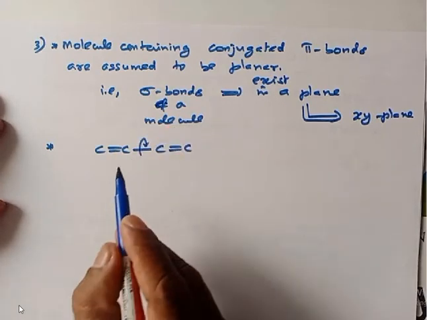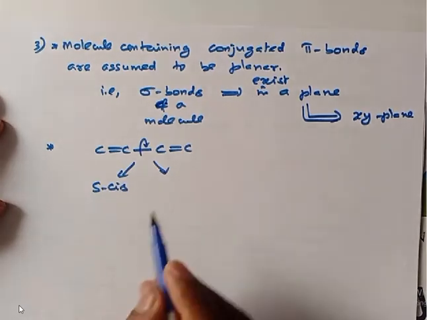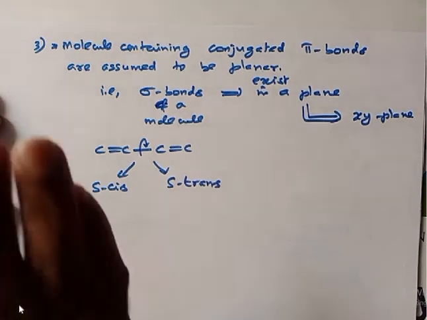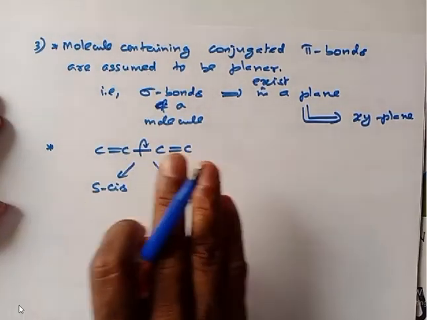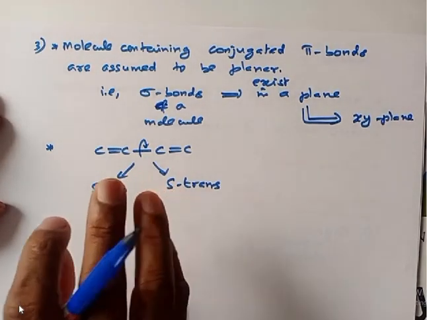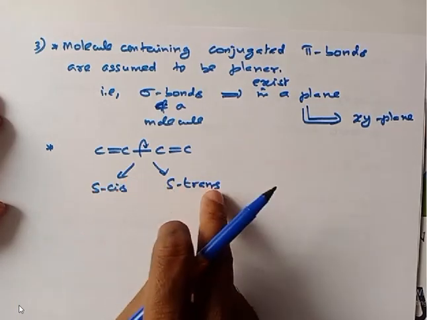One is the S-cis conformation and the other is S-trans. In the Huckel molecular orbital treatment, S-cis and S-trans structures are not considered; no difference is made between them.